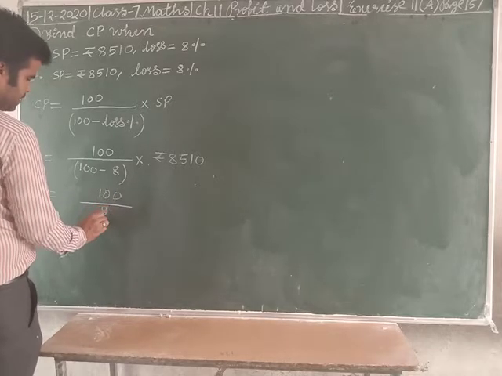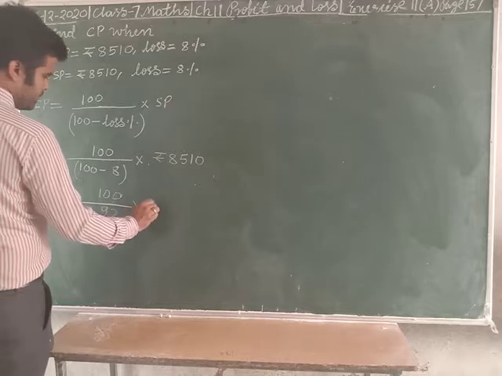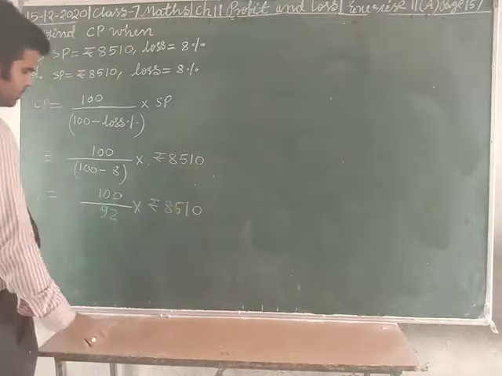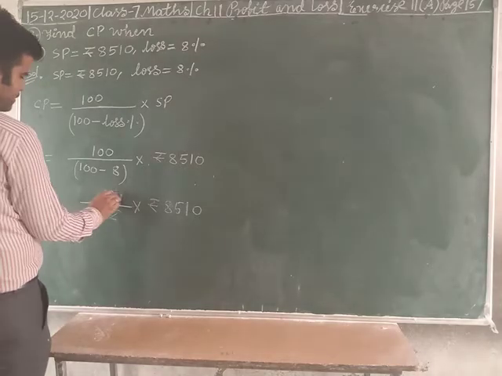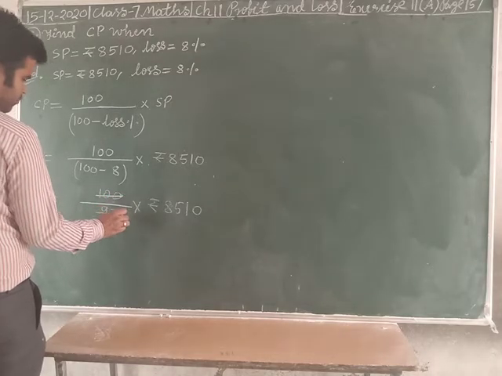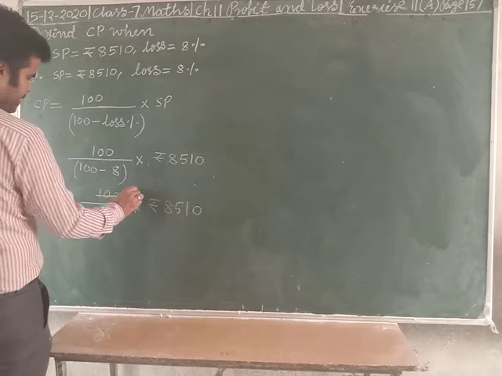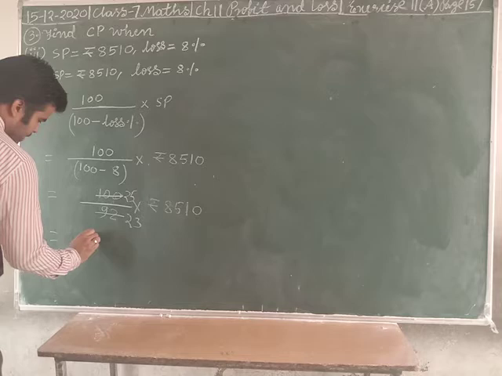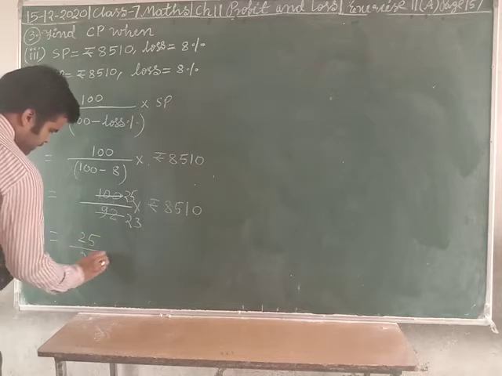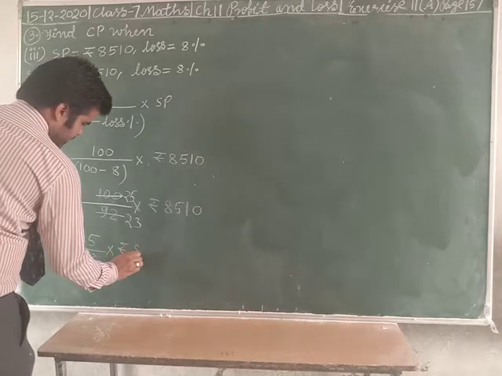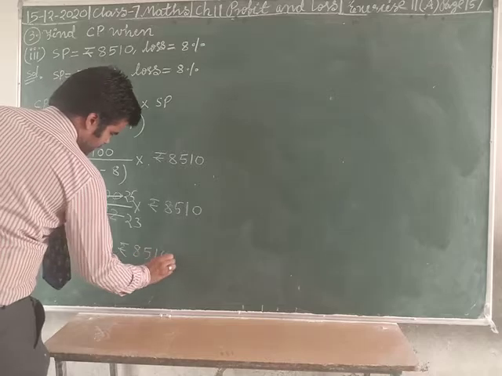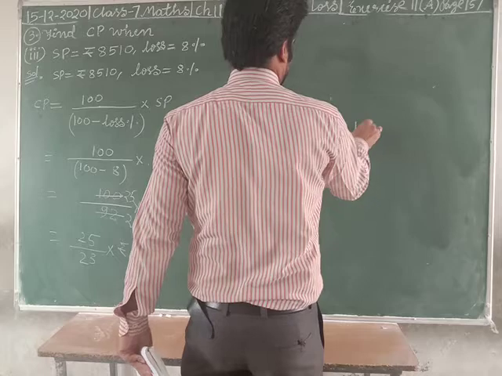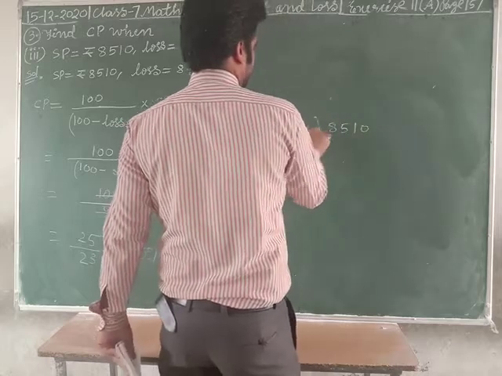100 minus 8 is 92, into rupees 8510. Now students, we cut it by 4, so it becomes 25 upon 23. So I write here 25 upon 23 into rupees 8,510. Now students, we divide 8,510 by 23.